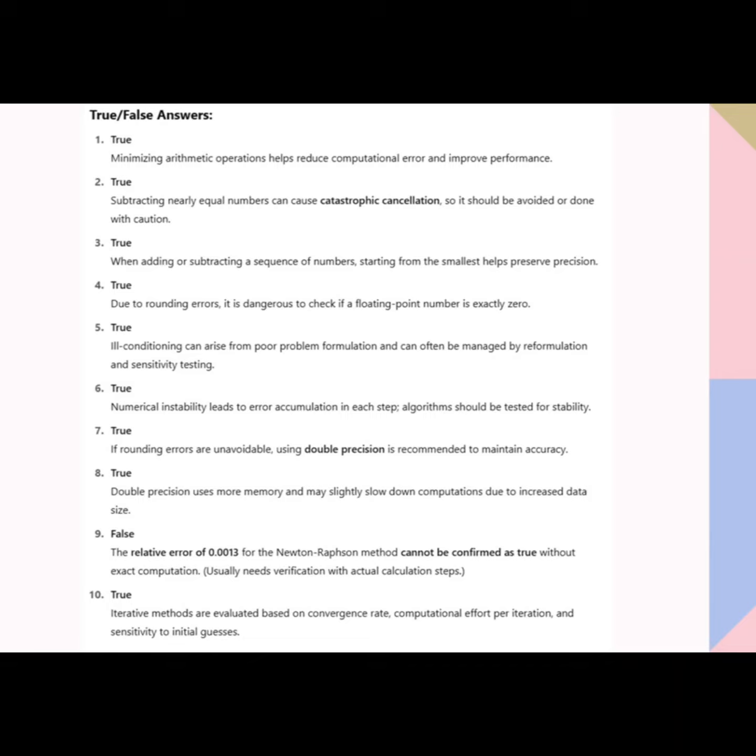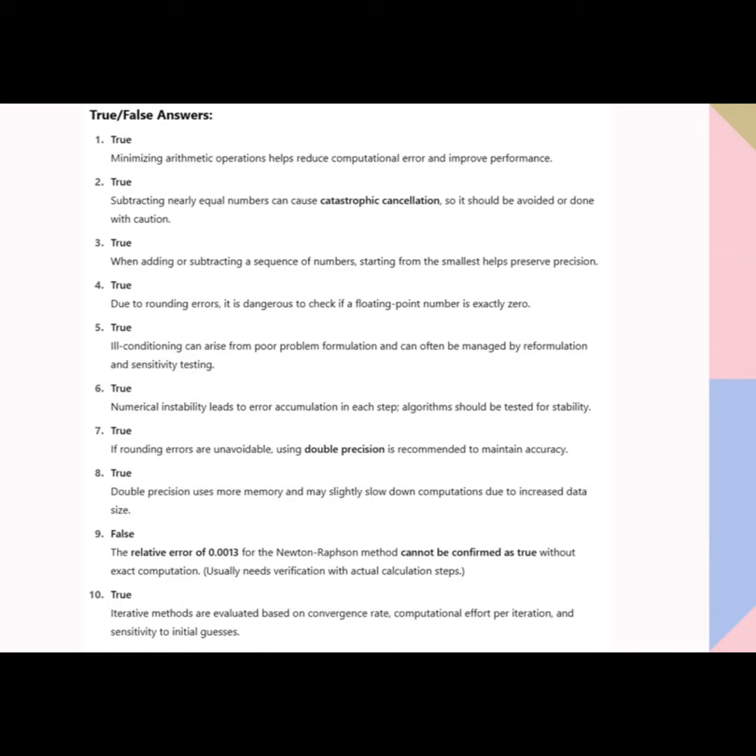That is true. Fourth, due to rounding errors, it is dangerous to check if a floating point number is exactly 0. That is true. Fifth, ill conditioning can arise from poor problem formulation and can often be managed by reformulation and sensitivity testing. That is true.